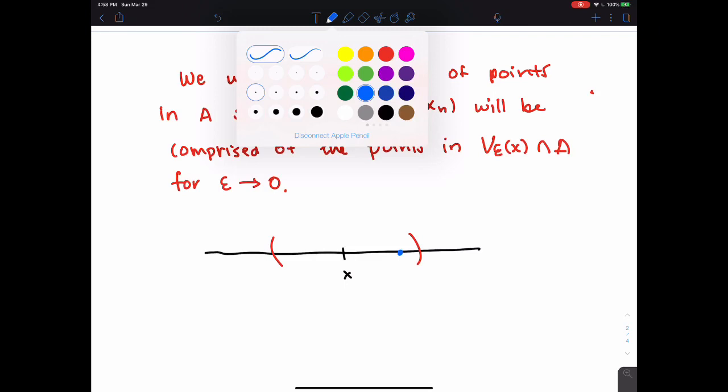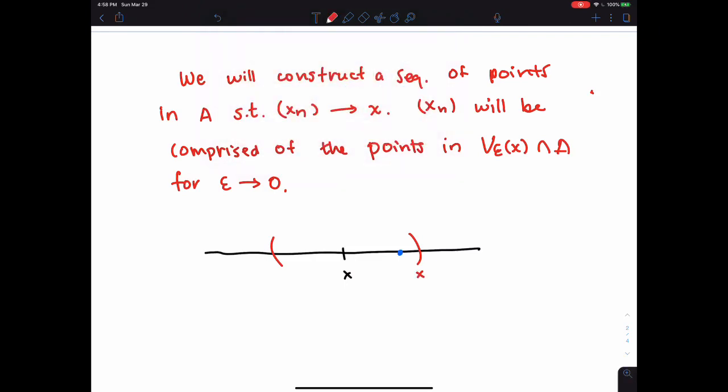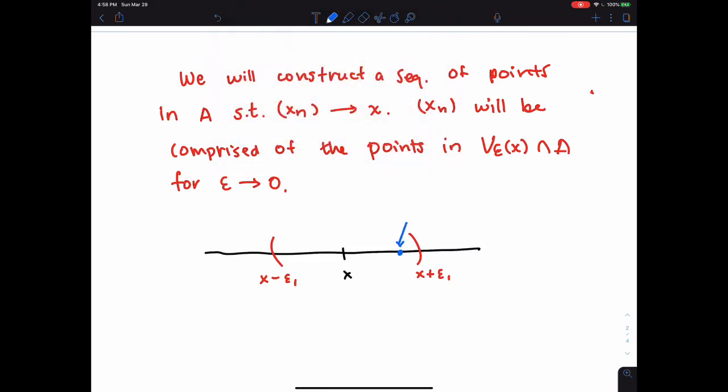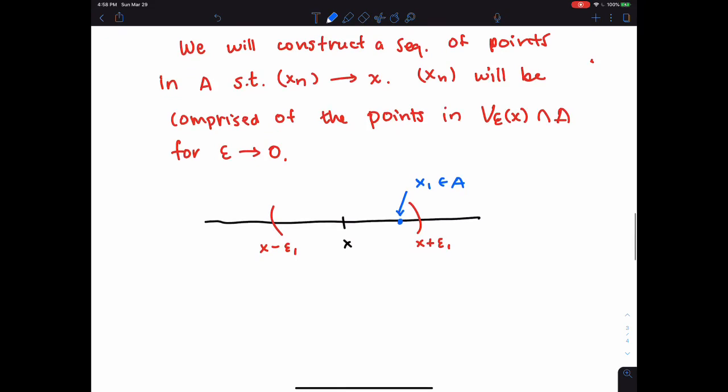I could think of this as x plus my first value, epsilon 1, and x minus that first epsilon value, epsilon 1. And from there, I get this point, call it x1. It's in A, and it's in the epsilon 1 neighborhood. So that's going to be the first point in my sequence. And then I'm going to choose a smaller value of epsilon, and this one is going to be some epsilon 2.